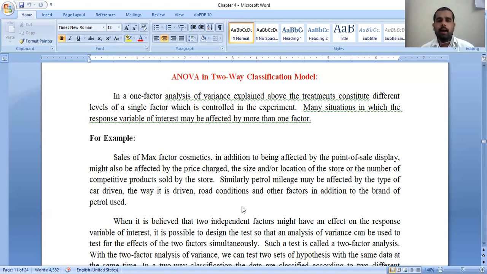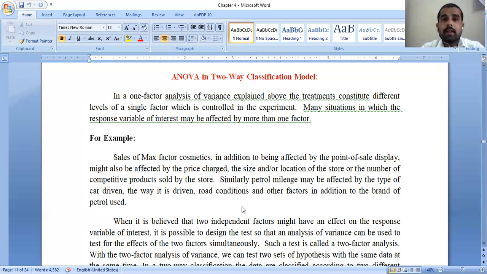Suppose you purchase a car, and the car itself gives 25 per liter. Automatically most customers will focus on that car only. Again, how the car is driven is also important. If you are driving the car and changing gears a number of times, then automatically the mileage will decrease.